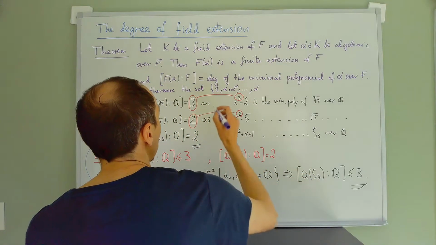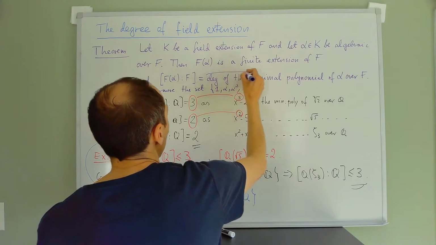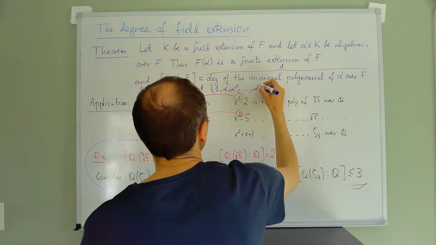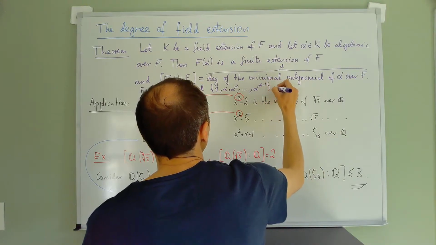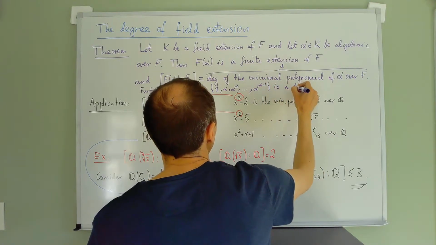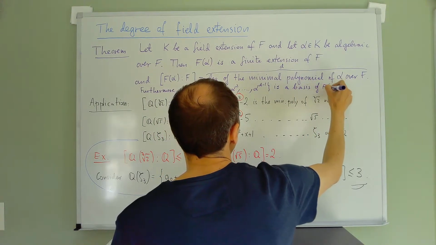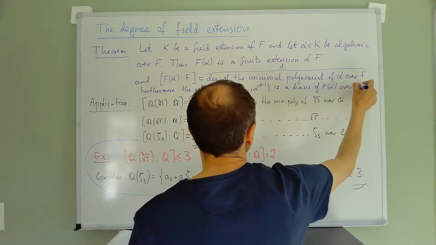Let's say that the degree of the minimal polynomial will be d. The set is a basis of F(alpha) over F.